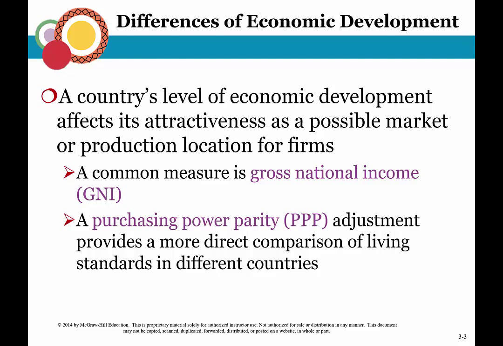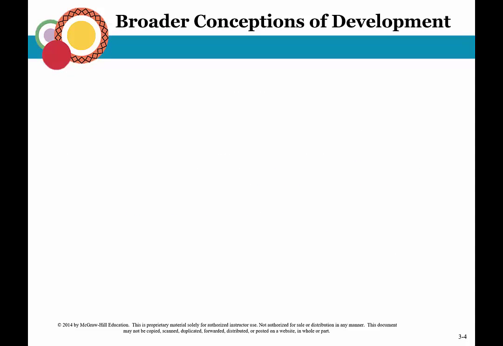They fall along the lines of the gross national income of the country, or the purchasing power parity, which is adjusted up and down depending on the standard of living for those individuals in different countries.